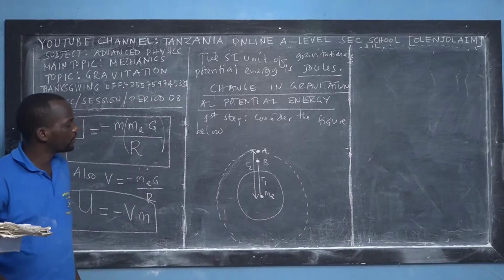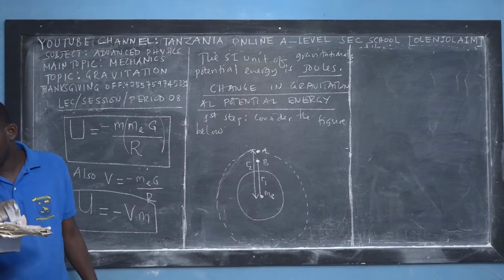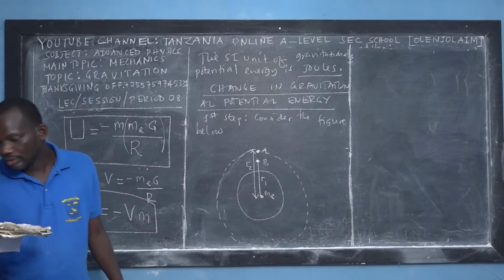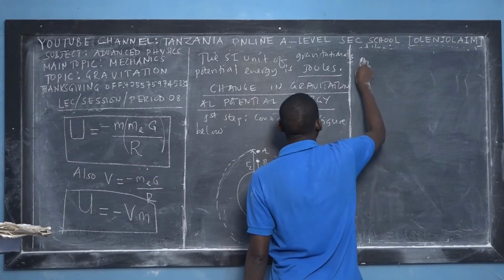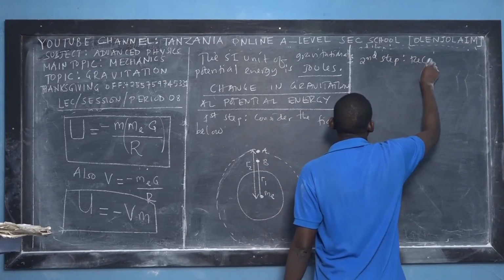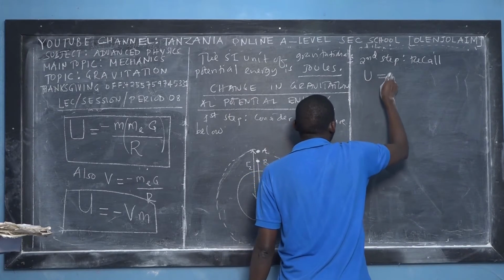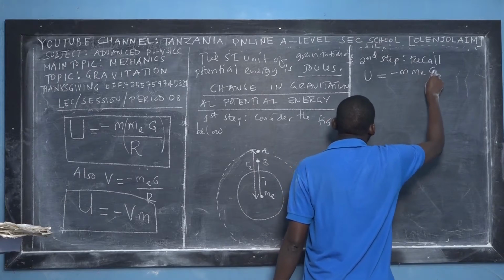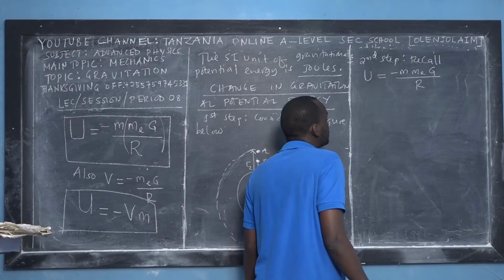So the gravitational potential for these two cases, from our general formula, for the first state, second state, we have to recall the general formula of gravitational potential, which is U is equal to negative mass of the body, mass of the S, gravitational constant, over radius r of the S.